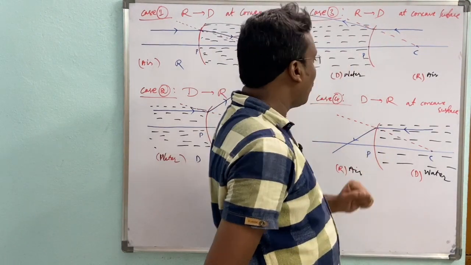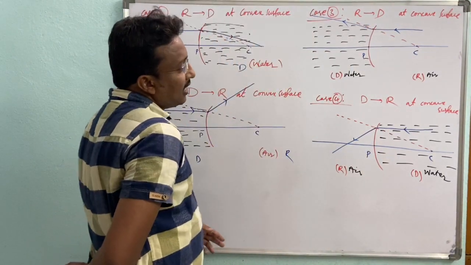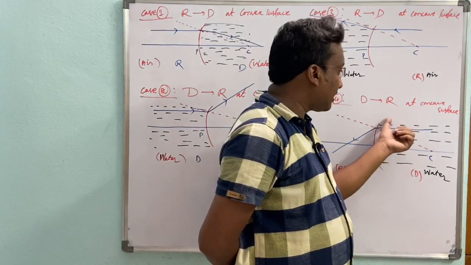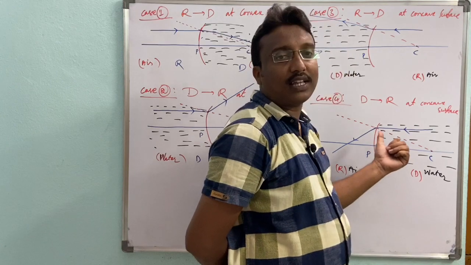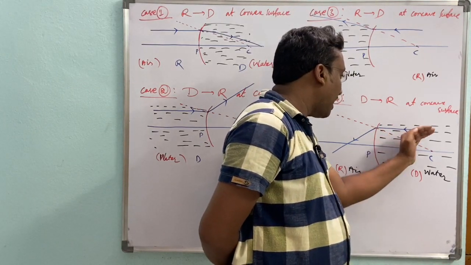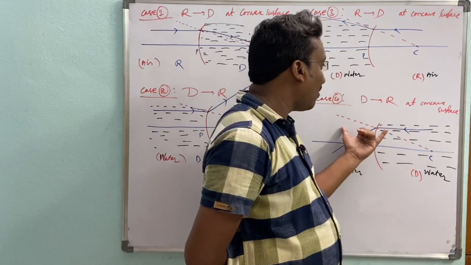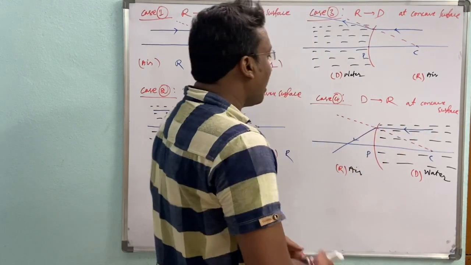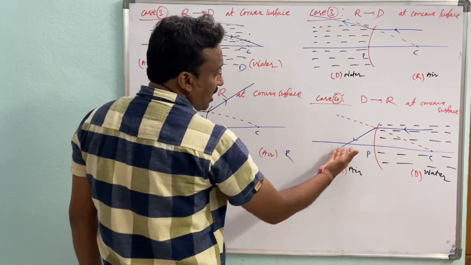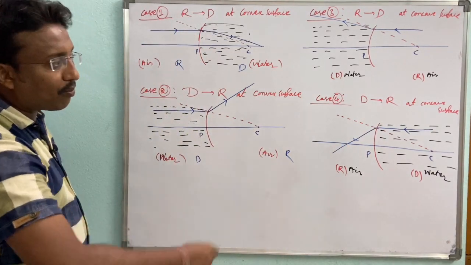In the fourth case, the ray is traveling from denser to rarer medium by striking a concave surface. It moves away from the normal, and the refracted ray cuts the principal axis at one point.